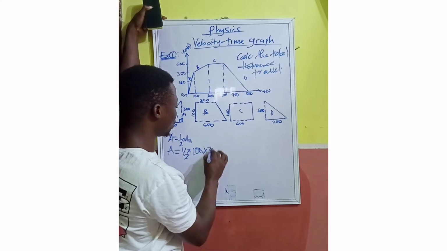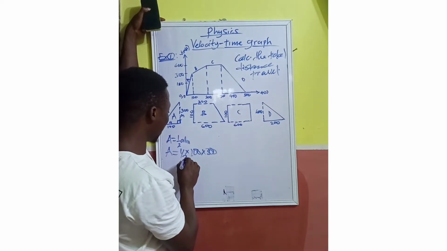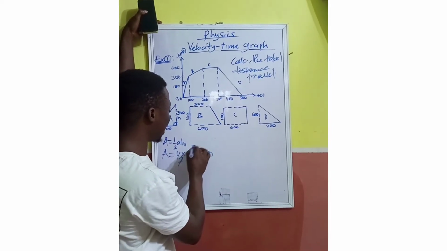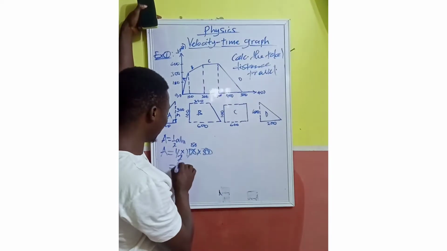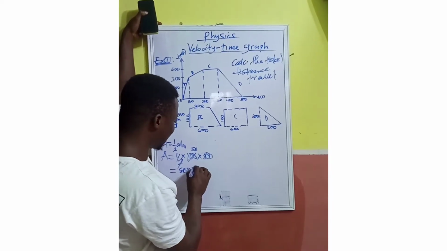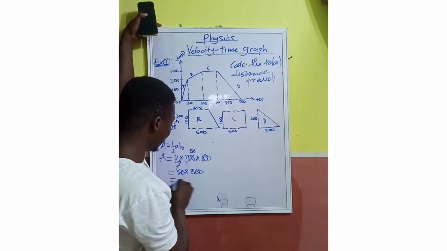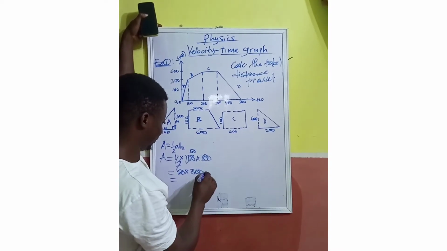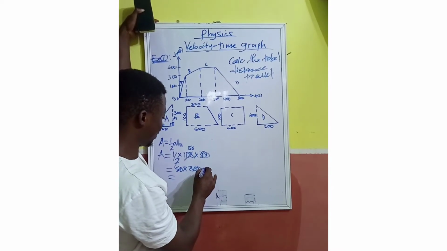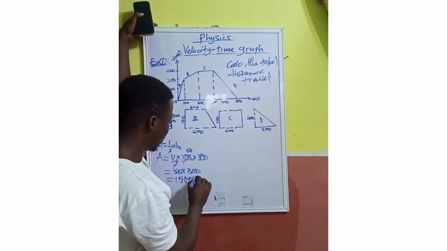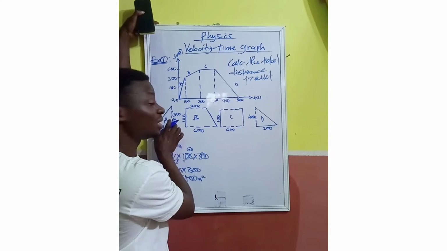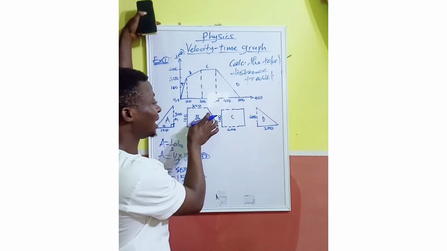Half of 100 gives us 50. Now we have 50 times 300, and this gives us 15,000 in meter square. We've calculated for this.